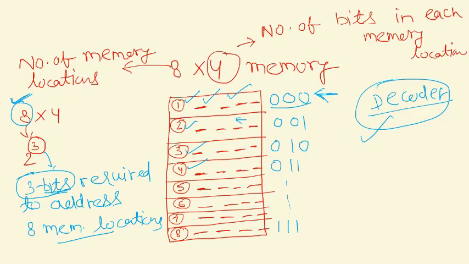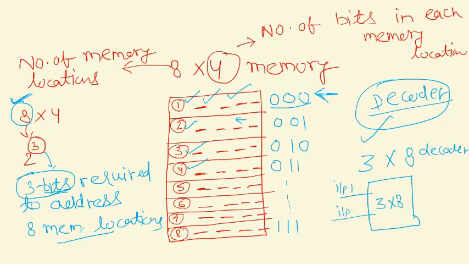So the decoder that will be used here will be a 3 into 8 decoder. There will be 3 inputs: input 1, input 2, input 3.